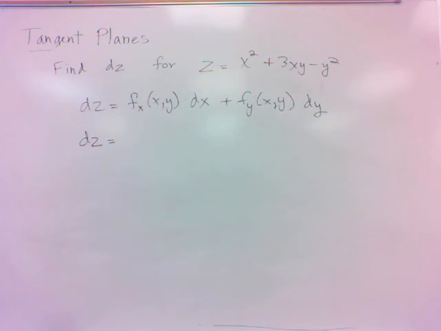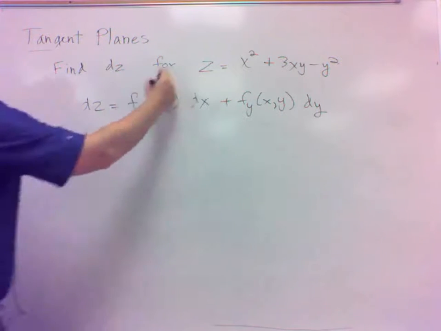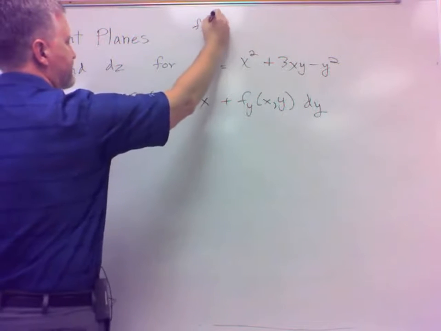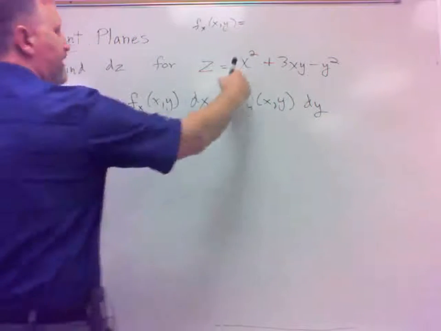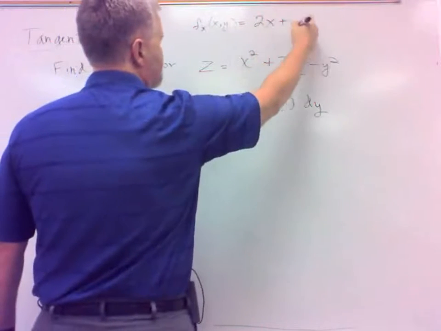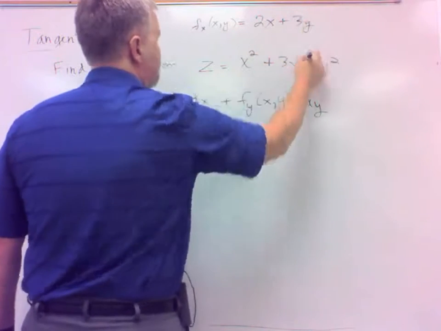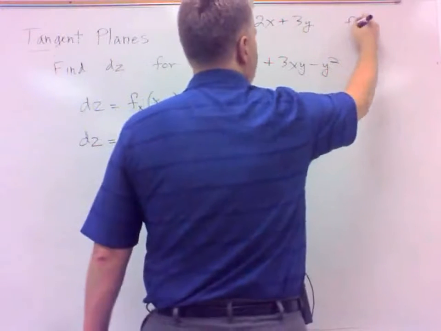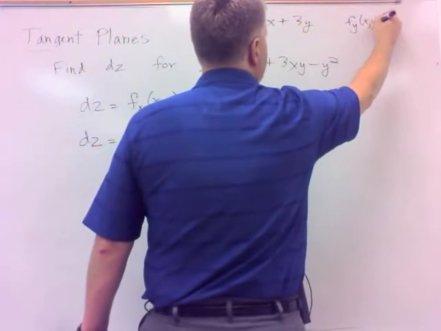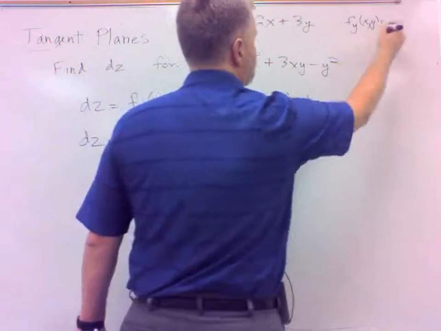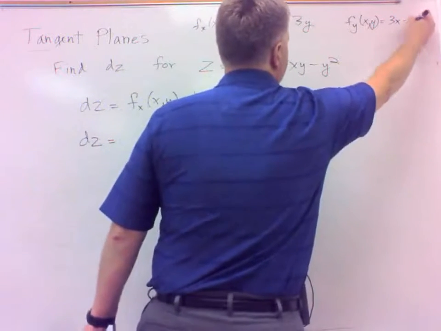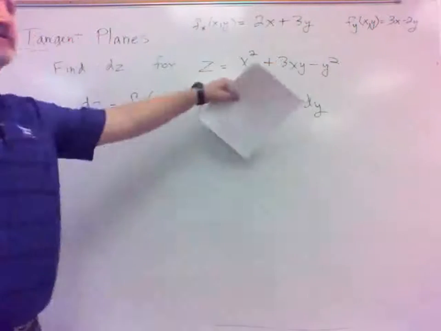All right, so again, you just need the partials. Partial of f with respect to x. What's that going to be? 2x plus 3y. And the partial of f with respect to y would be 3x minus 2y, because the x is constant, so that would be 0.